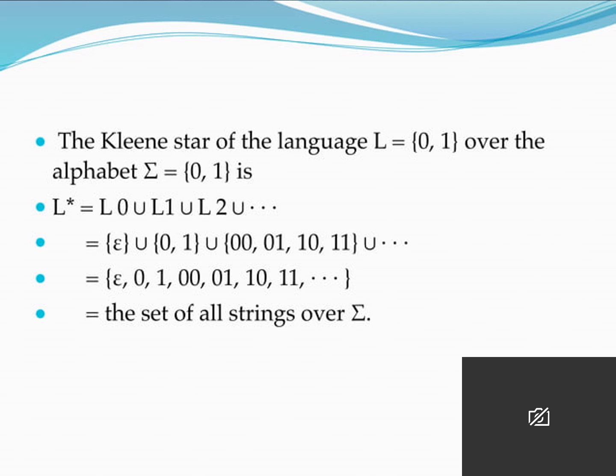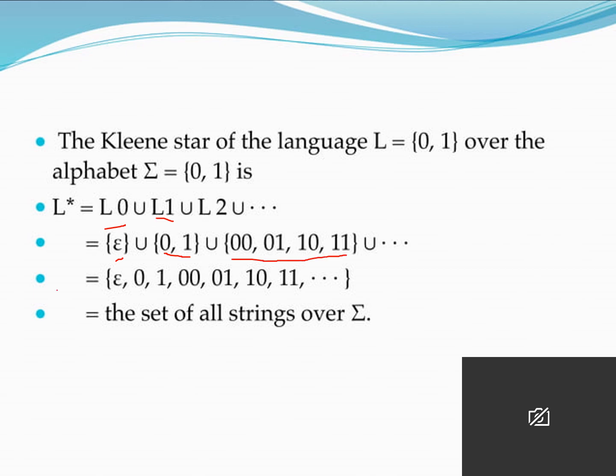With Kleene star, as I said before, we can do many set operations. One is the union operation. For that example, we are taking L0 language, L1 language and L2 language, and we are going to do the union operation. L0 is the empty string, L1 is the single digit strings we have generated, and L2 is the two digit strings we have generated.